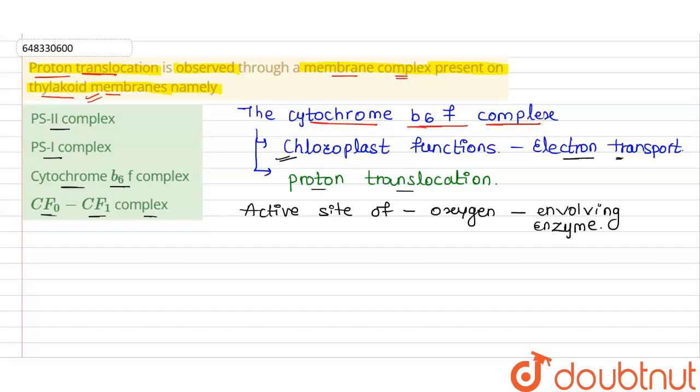Here their arrangement is such that the protons formed during water oxidation, at the time of water oxidation, some protons get released.